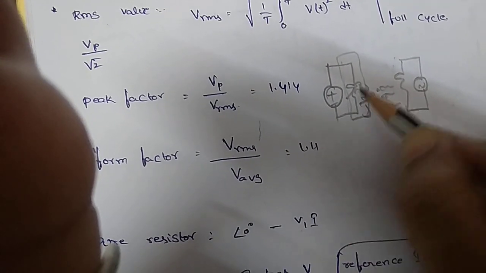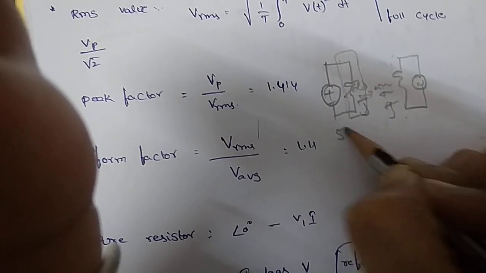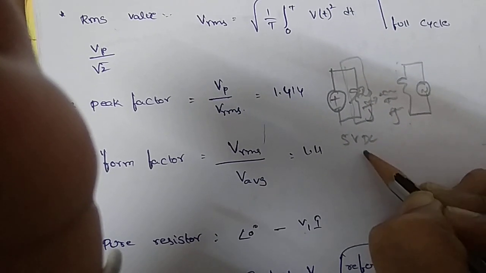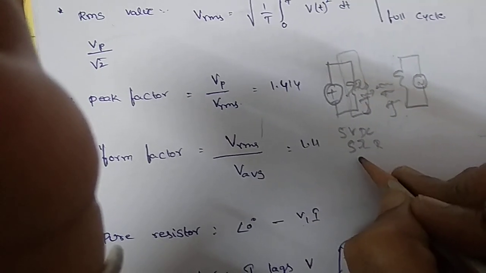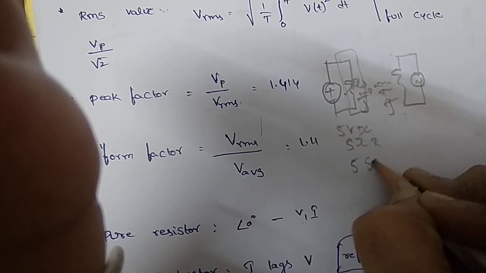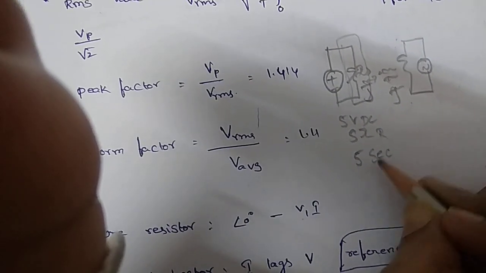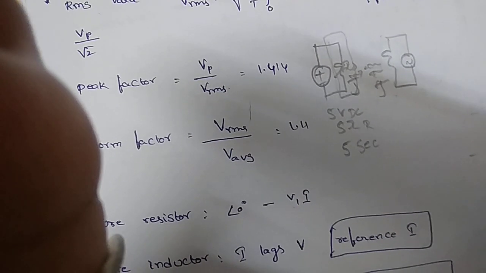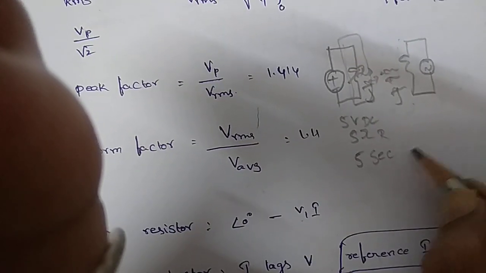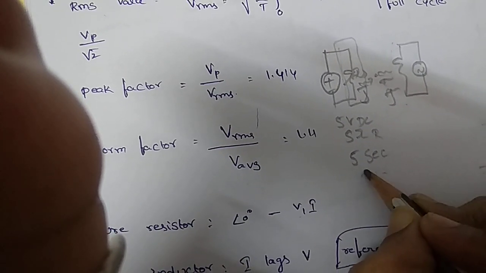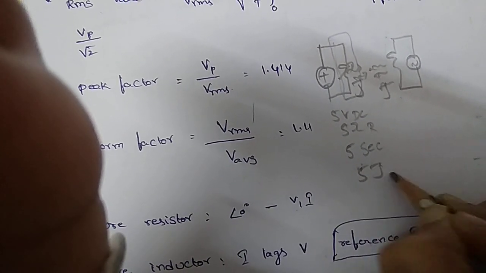If I am applying 5 volts of DC source across 5 ohms of resistor for 5 seconds, I'm just assuming arbitrary values here, assuming that 5 joules of energy is developed.